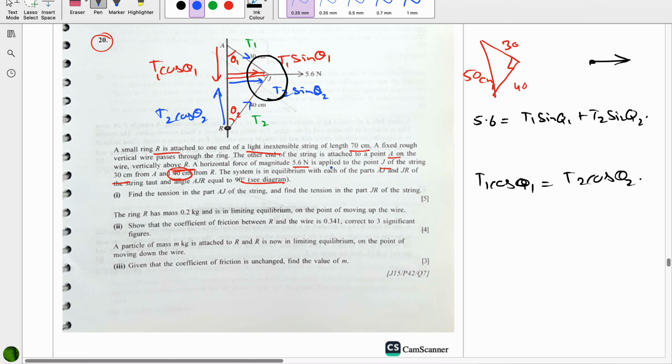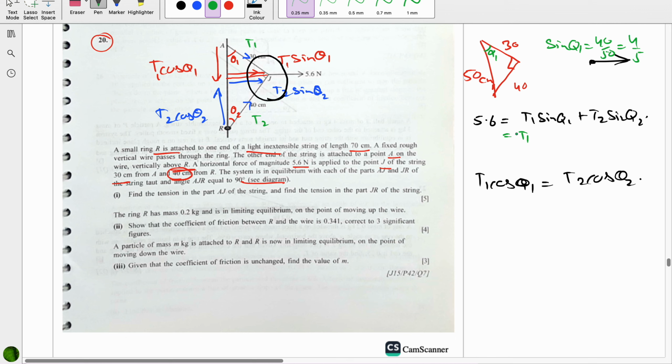Now I am going to replace values of sine theta 1, theta 2 and cos theta 1, theta 2. Just looking at the diagram, we had theta 1 right here. So sine theta 1 is actually 40 by 50, simplifying it becomes 4 by 5.